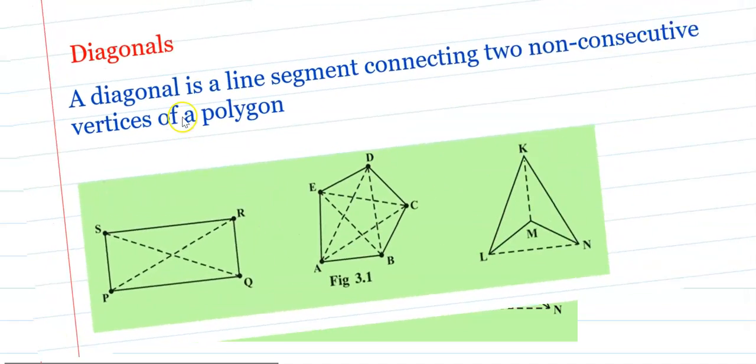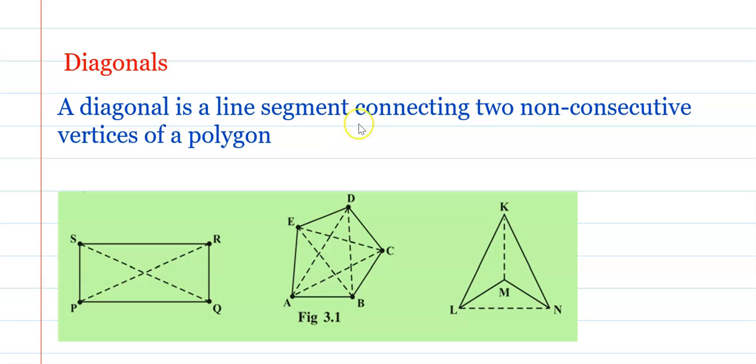A diagonal is a line segment connecting two non-consecutive vertices of a polygon. For example, see here, PQRS, this is a quadrilateral, and suppose that I want to draw the diagonal.